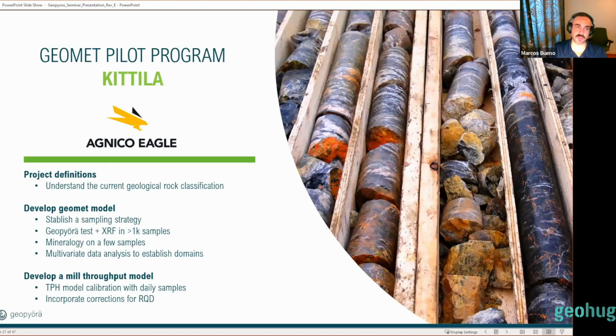The first big one that we had was a geomet program for Agnico Eagle Kittilä, where they sent us about 1,000 samples. They collected drill cores specifically for this purpose. They did a drilling campaign, and they cut the drill cores in half. On our half, we did the breakage test. On their half, they did XRF, and a few XRDs, quantitative mineralogy on a few samples.